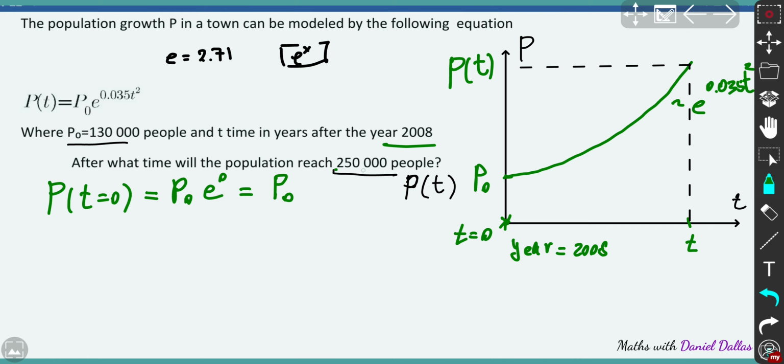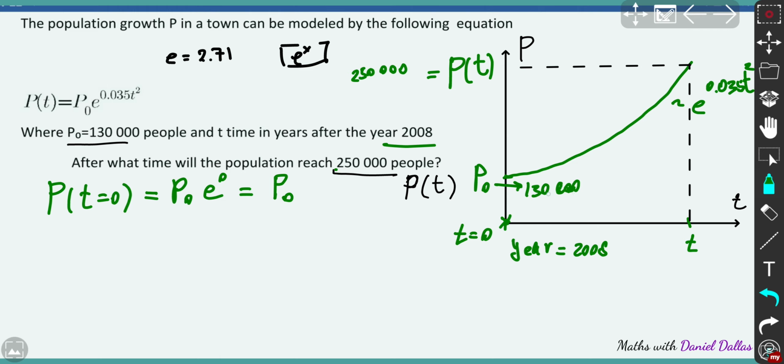It's 250,000. And P0 is your initial amount of people, 130,000.